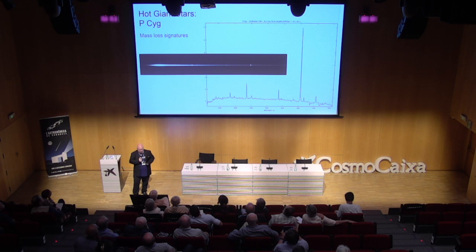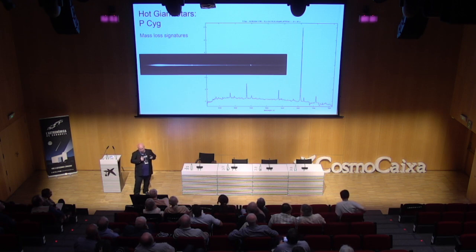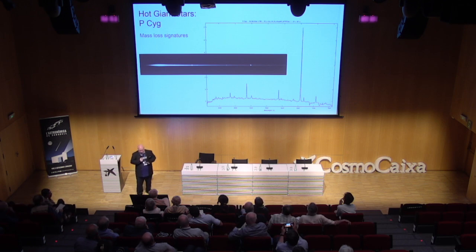We have hot giant stars, so luminous blue variables, which are always active. They are expelling gas outside, and it produces by ionization a collection of emission lines.